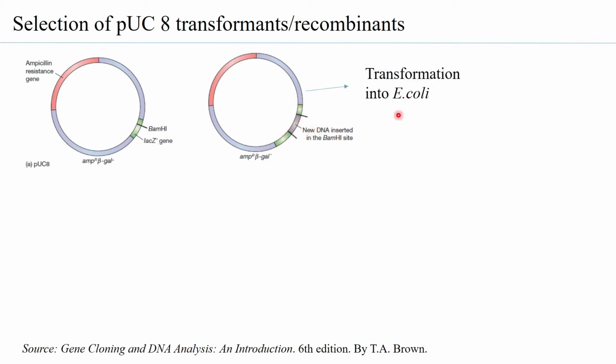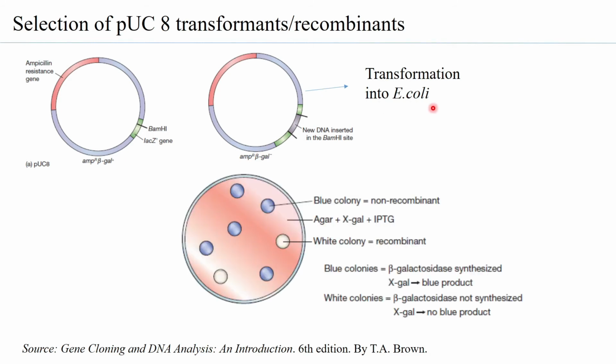When this is transformed into E. coli, and that E. coli is plated in a media that contains ampicillin, X-gal, and IPTG, those E. coli that have taken up the normal pUC8 without the gene of interest will have their lacZ prime active, because there is no disruption of the lacZ prime gene.